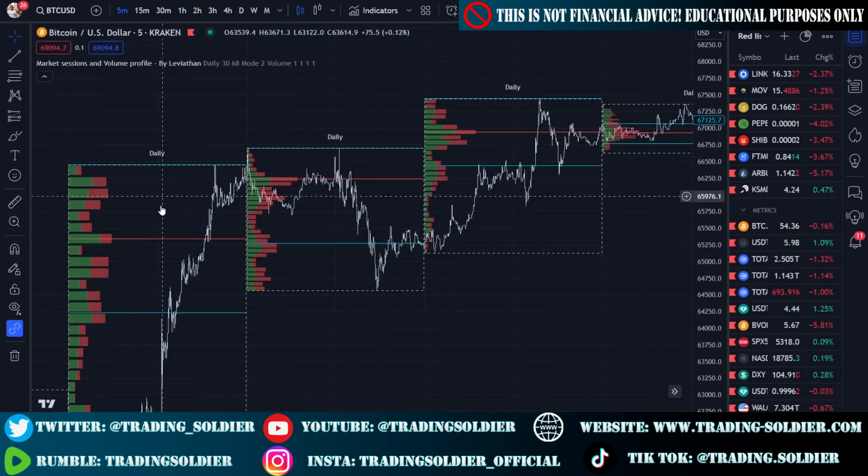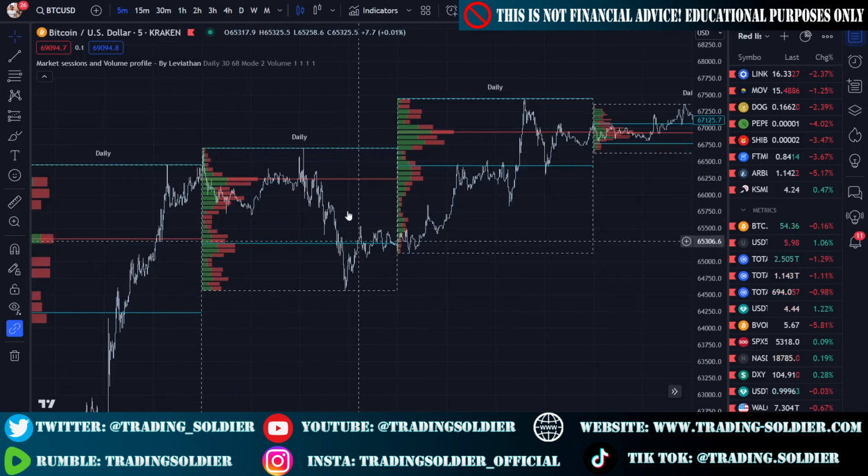And on the opposite side, we can find that the VAH, the value area high, will act as resistance every time that we try to retest it. You can see that the price stalls. You see test, pullback, test, pullback, test, pullback.